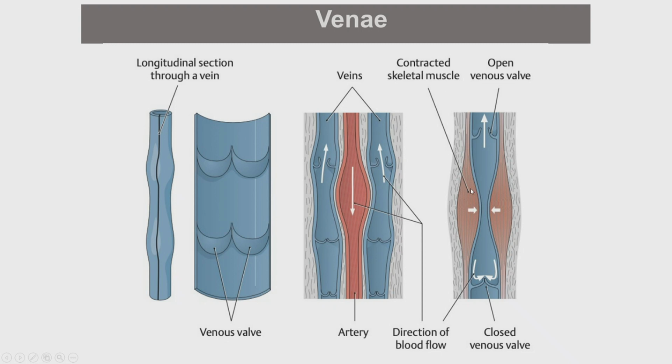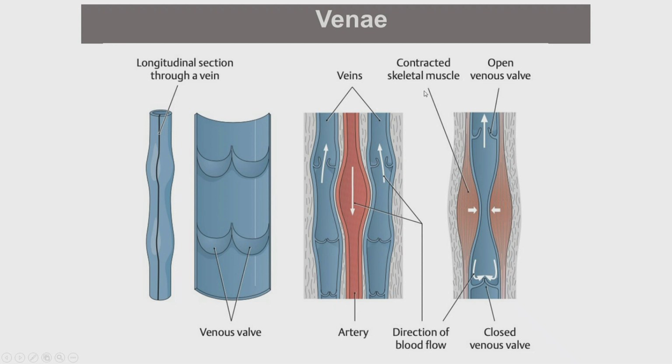The contraction of the skeletal muscle compresses the wall of the vein and pushes the blood toward the heart, and these valves help to prevent the reflux of the blood back to the lower or distal segment.